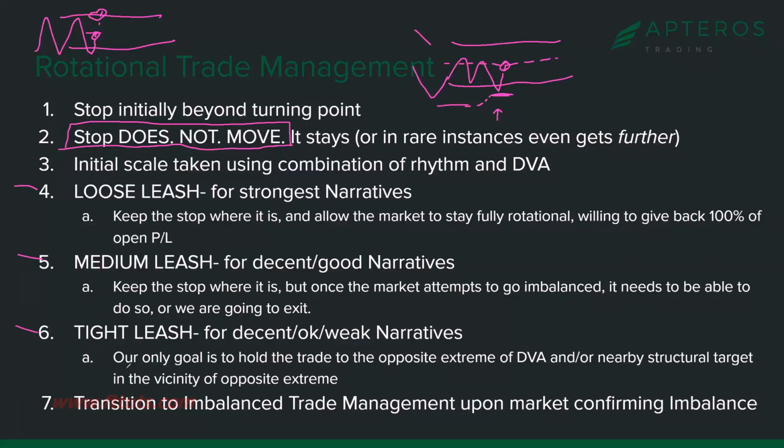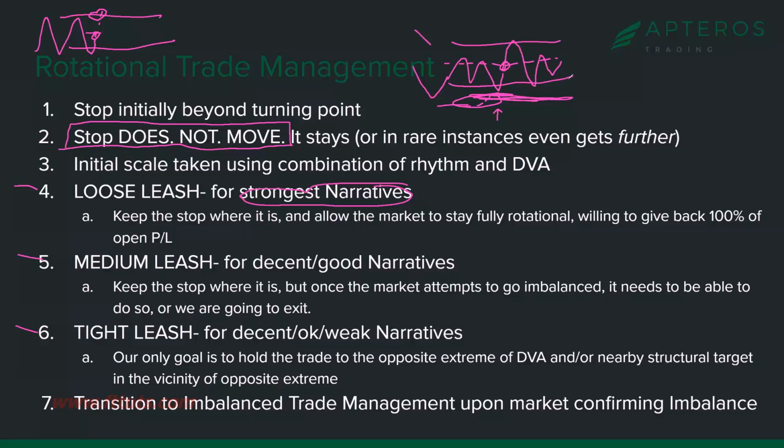What's the narrative, right? It depends on the narrative. So for the strongest narratives, like I said, I'm going to keep the stop all the way down here, and it can come all the way back near my stop. I don't care. I'm going to stay in this trade and my stop's going to be down here. Why would I do that? Because the narrative is so strong.